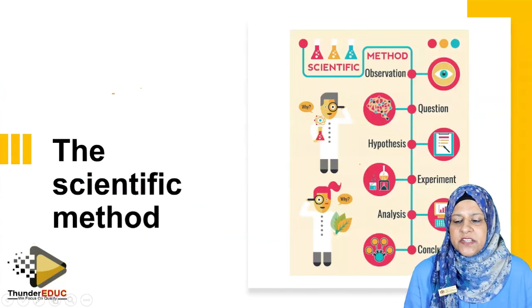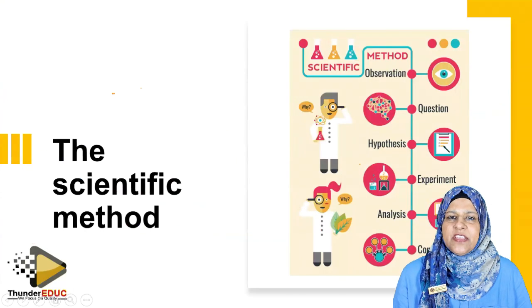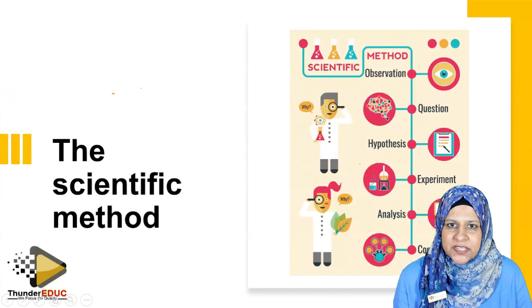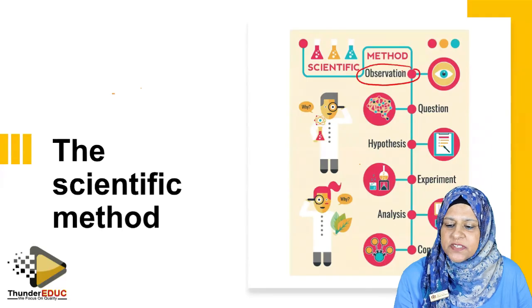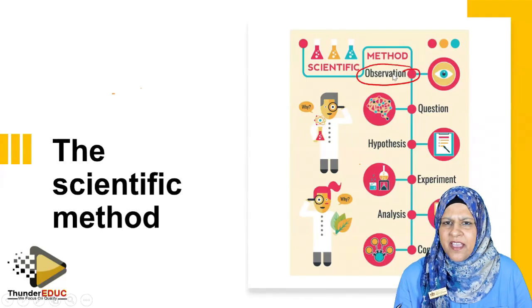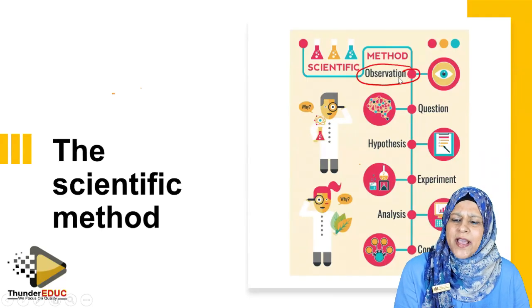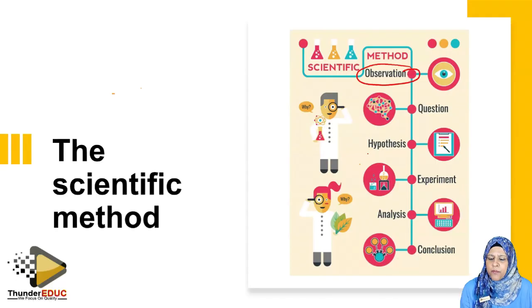Now, what is the scientific method? The scientific method involves curiosity. Remember, we said curiosity. That is some kind of observation. You observe something and then you question, why is this happening? You come up with a hypothesis after observing. That is why we say the hypothesis is an educated guess or a smart guess.